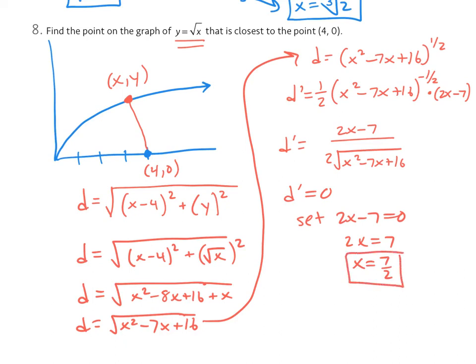Find the point on the graph. That's my x value. Now I need to find my y value. And y is defined as the square root of x. So y is the square root of 7/2. You could simplify this. If you multiply the top and the bottom by root 2, you would get root 14 over 2. But you can leave it as the square root of 7/2 for now.